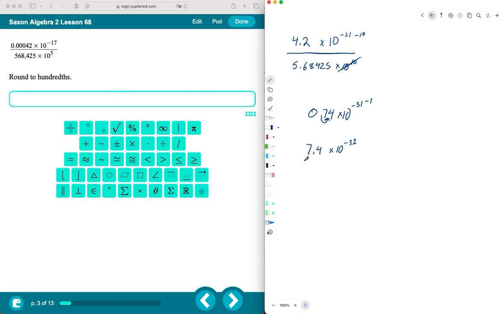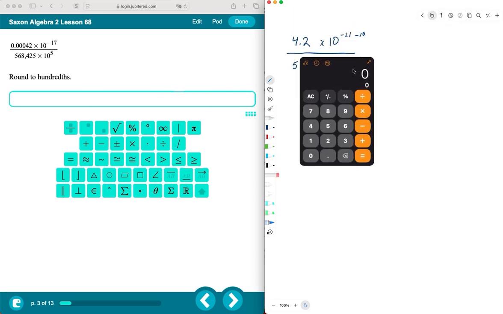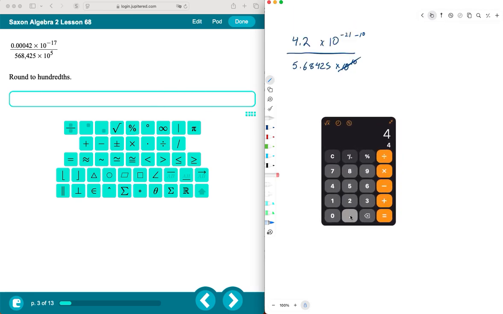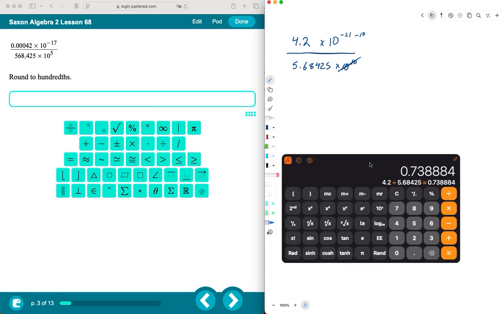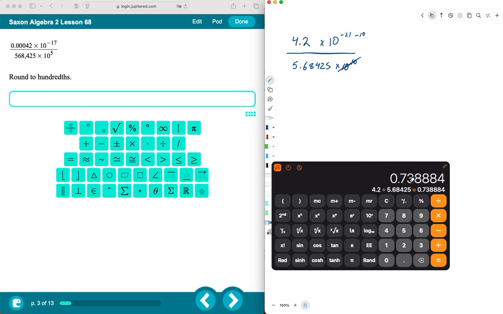Let me redo this part right here just to make sure. Let me pull my calculator back up. All right, so if I said 4.2 divided by 5.68425, I'm going to make this longer. Okay, so 7.38884.